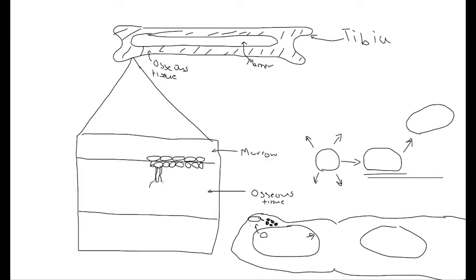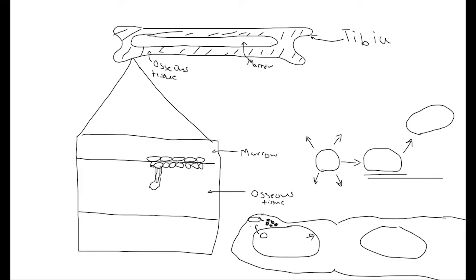I'll do my best to draw it. So these are processes right here. Should be smaller. So they have these processes that allow them to connect with the cells that they differentiate into, and the cells that they differentiate into also have processes, and also each other, and so that way they are able to communicate with one another via gap junctions.